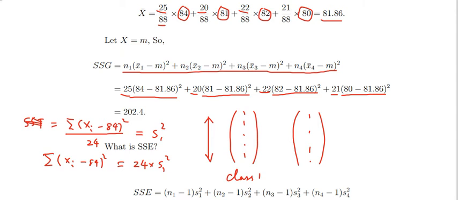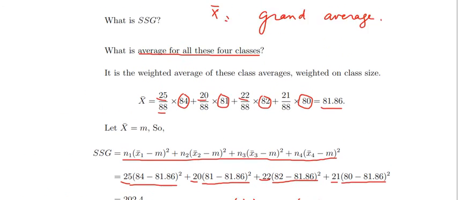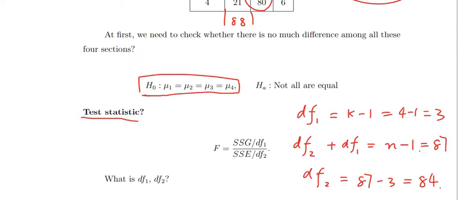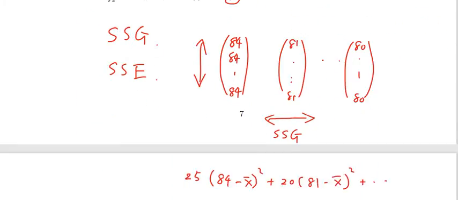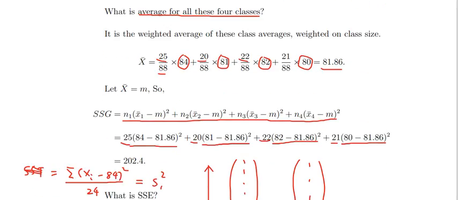So S1 square we already know, right? Let's say S1 is 7. So S1 square is, no, I'm sorry, 7 square, 49, right? Okay, so this is SSE.